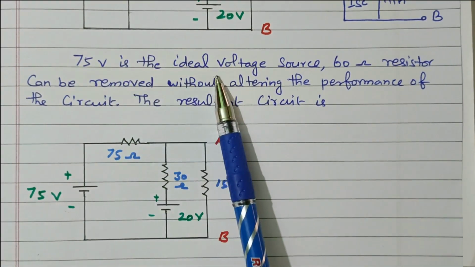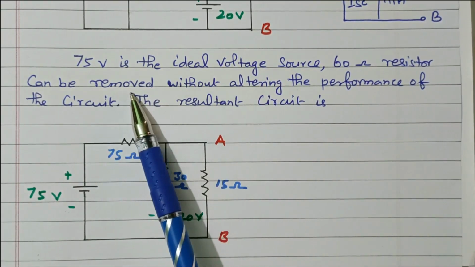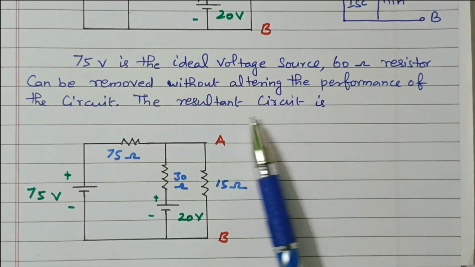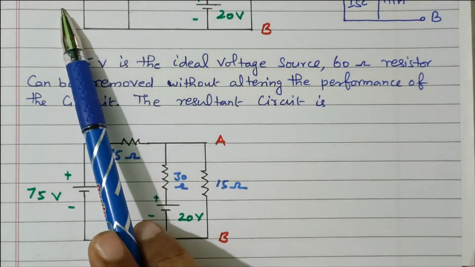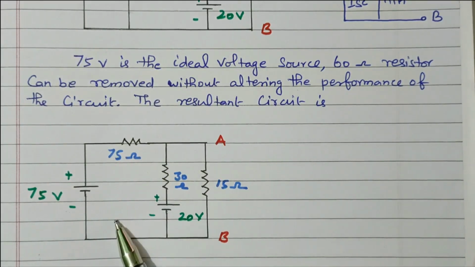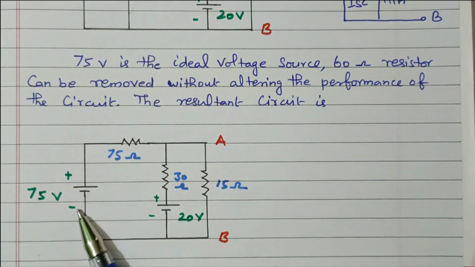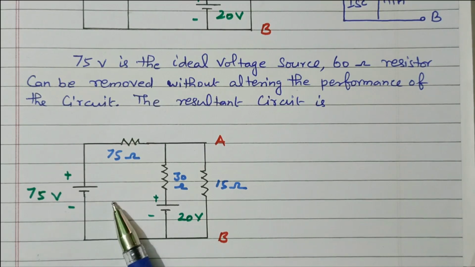75 volt is the ideal voltage source. The 60 ohm resistor can be removed without altering the performance of the circuit. The resultant circuit is right. So we can remove this 60 ohm because the 75 volt is an ideal voltage source, so voltage is not dropped across the 60 ohm resistor.